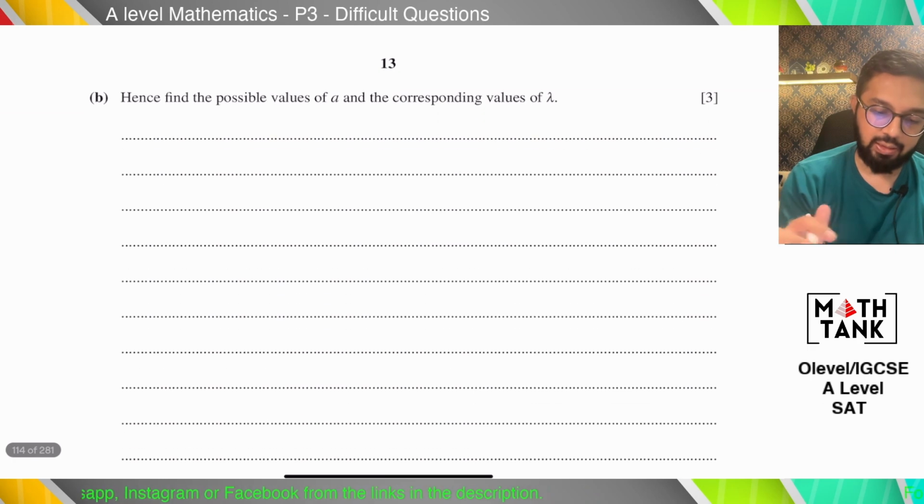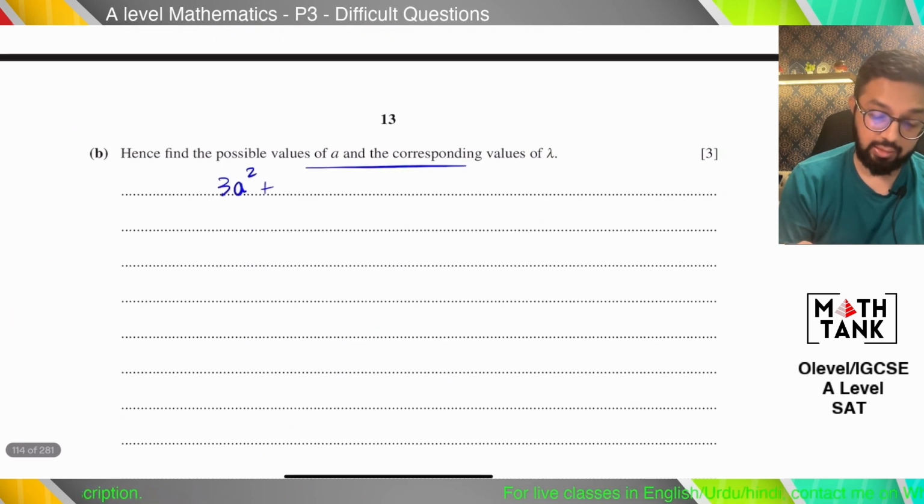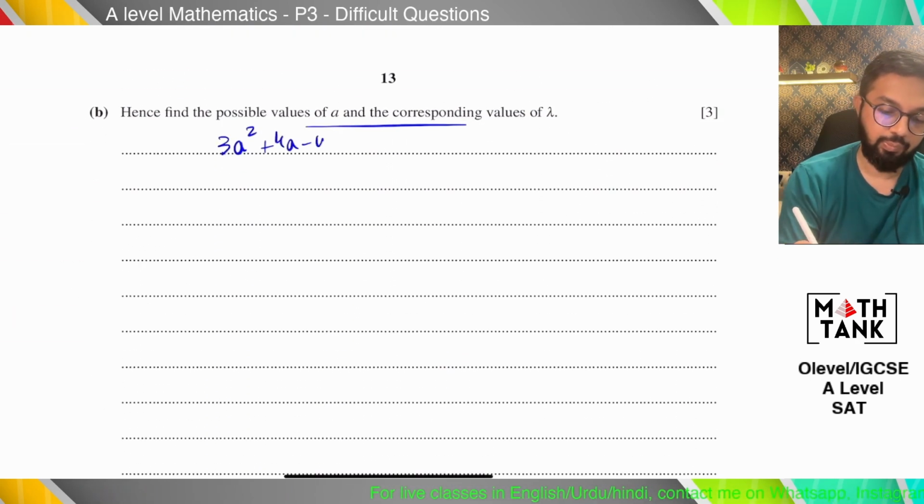Moving on to the next part, it says hence find the possible values of a and the corresponding values of lambda. So I'm going to solve this quadratic.